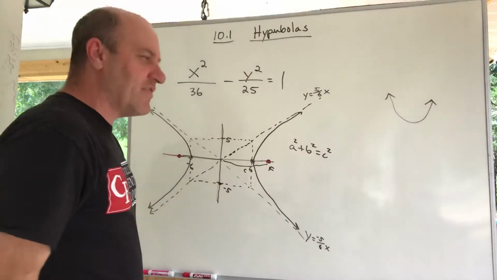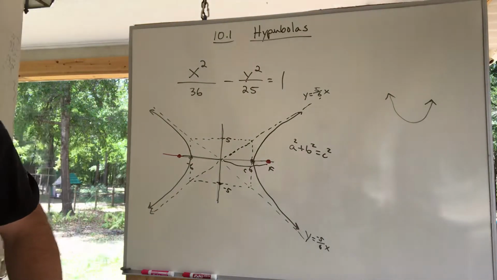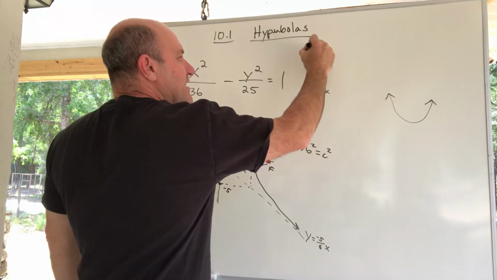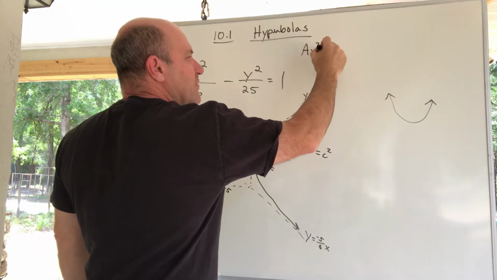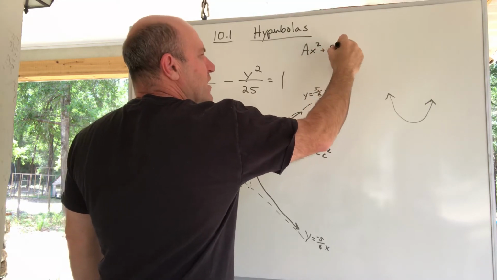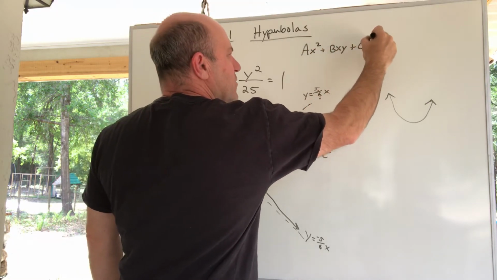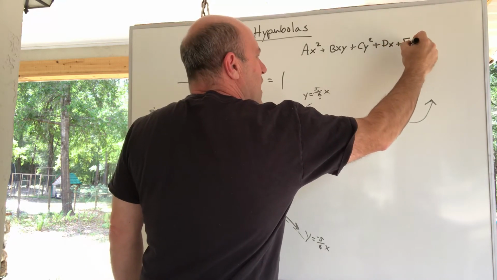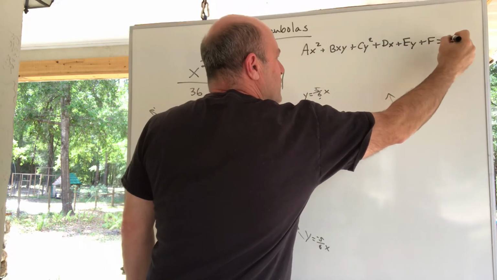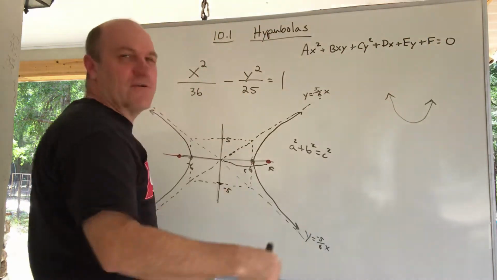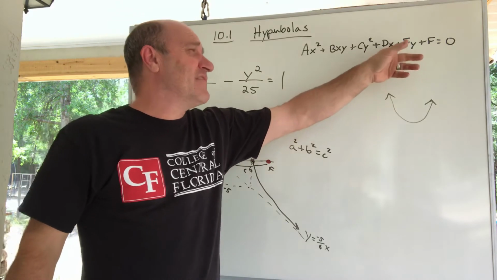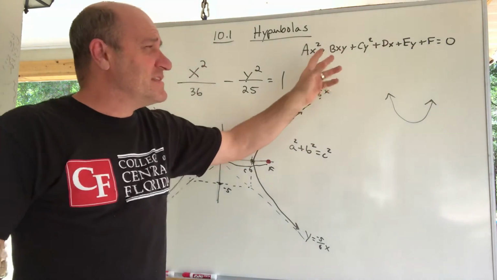I want to say one other thing, though. I want to say, remember all these conic sections I said the other day, they came from this general second degree equation, ax squared plus bxy plus cy squared plus dx plus ey plus f equals 0. We might have A or C be 0, or D or E be 0, or some of these things are 0.